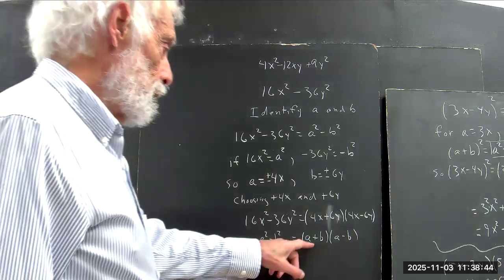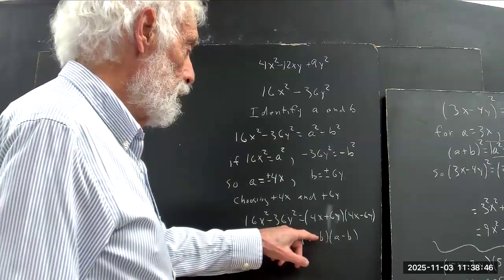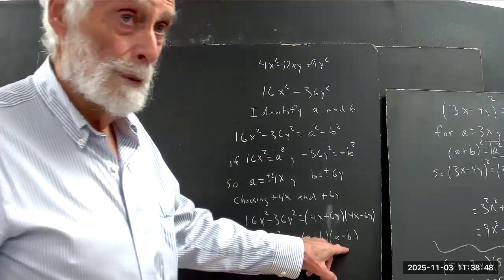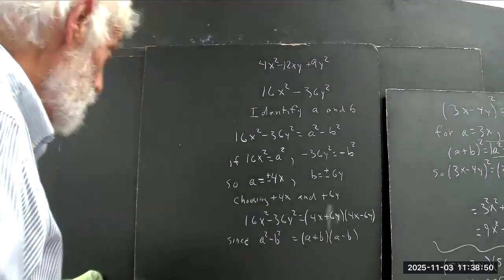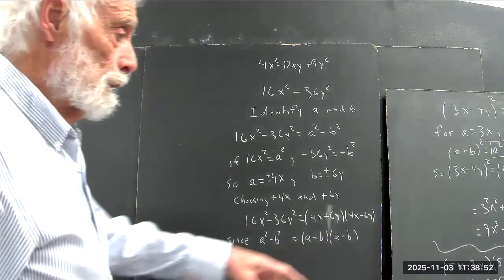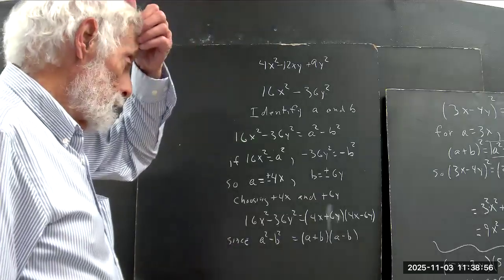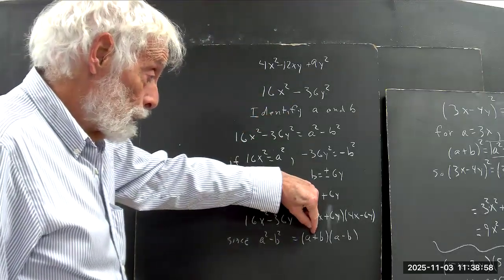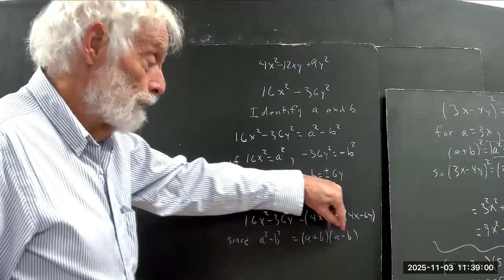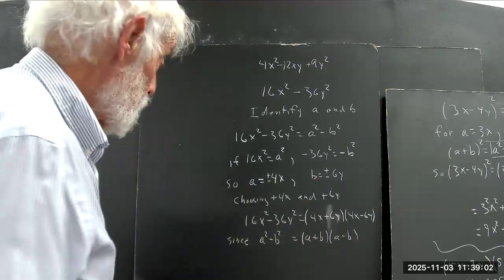Now it's your choice whether you put the minus here and the plus here, or the plus here and the minus here. You can write it either way. And actually I wrote it one way over here and the other way here. But simply, it's what you get when you have a plus in one of them and a minus in the other.